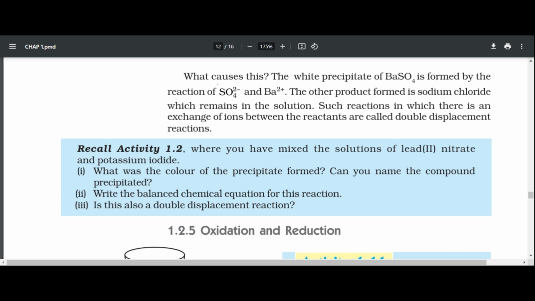The other product formed is sodium chloride, which remains in the solution. Such reactions in which there is an exchange of ions between the reactants are called double displacement reactions. Recall Activity 1.2, where you have mixed the solutions of lead nitrate and potassium iodide.